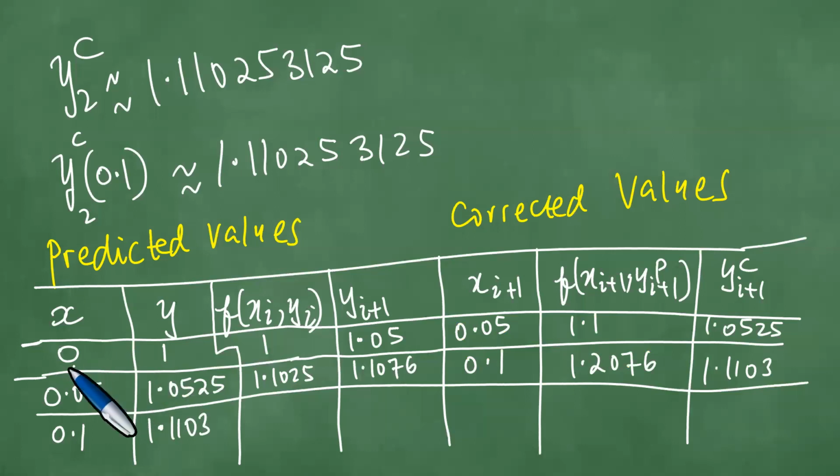This one here is x0, but when it comes to the predictor column, you can put P here for the predictor. The predictor value that we got is 1.05 for x0.